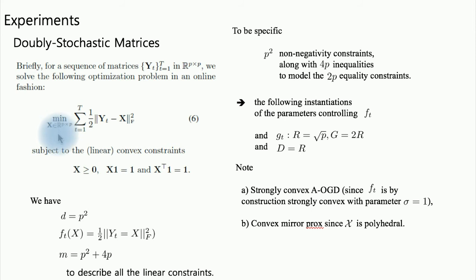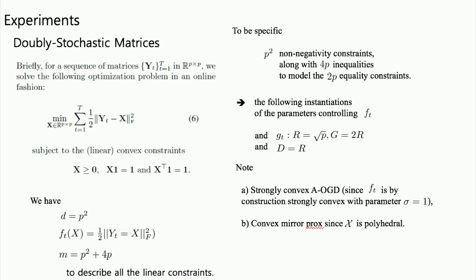Since permutation matrices are known to constitute the extreme points of the set of DS matrices, they try to find the closest DS matrix X by solving this optimization problem online, subject to the doubly stochastic linear constraint, and they have D and FTX and M to describe all the linear constraints.